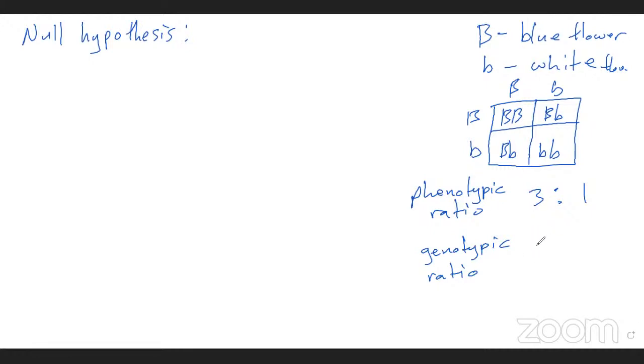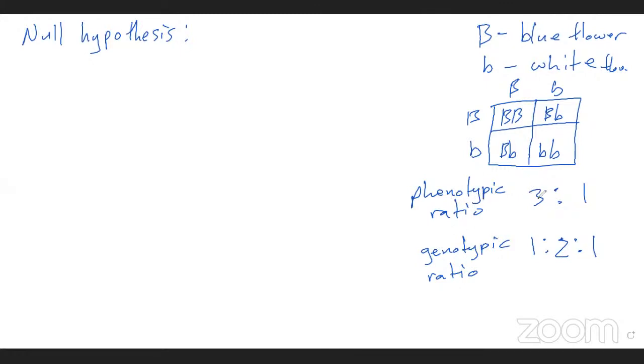Then the heterozygous. How many would be heterozygous? 2. And how many would be homozygous recessive? 1. So for the chi-square test and null hypothesis that we're going to do, we are not interested in the genotypic ratio. We are interested in the phenotypic ratio.